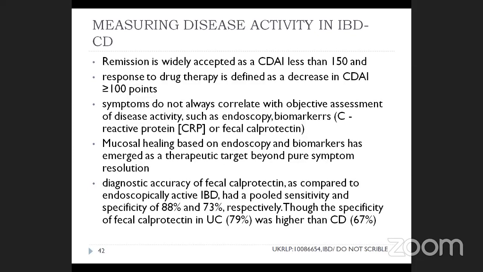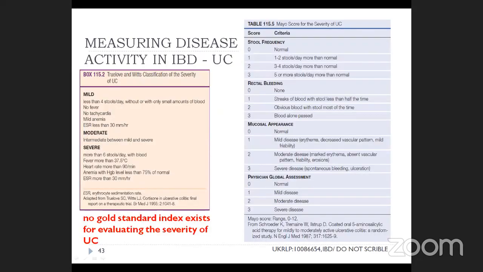In general, fecal calprotectin can be used to screen patients for inflammatory bowel diseases. However, this is not a standard investigation to confirm the diagnosis, and the best investigation to confirm the diagnosis will be an endoscopy, a colonoscopy or a sigmoidoscopy.